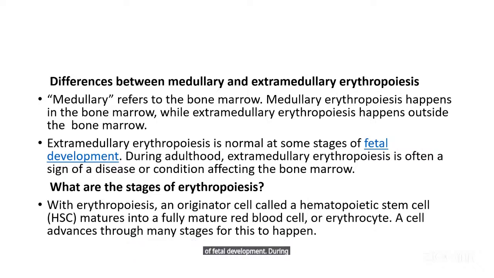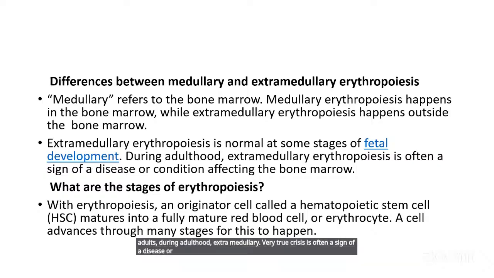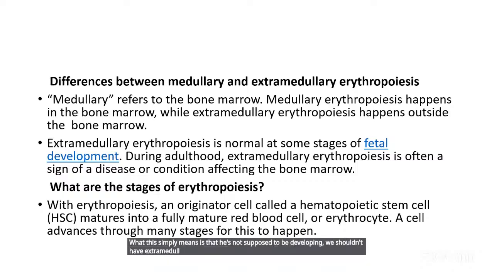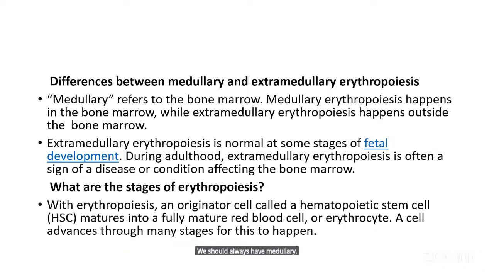During adulthood, extramedullary erythropoiesis is often a sign of a disease or condition affecting the bone marrow. What this simply means is that we shouldn't have extramedullary erythropoiesis except in a disease condition. We should always have medullary erythropoiesis.